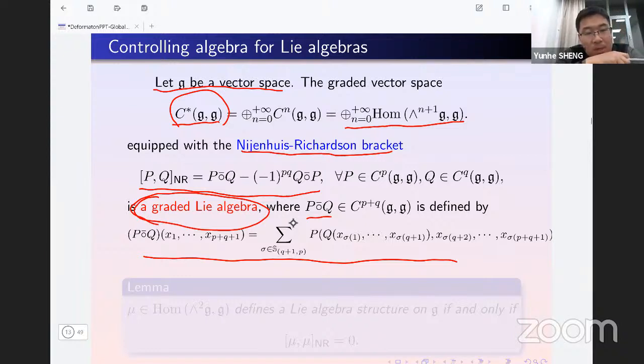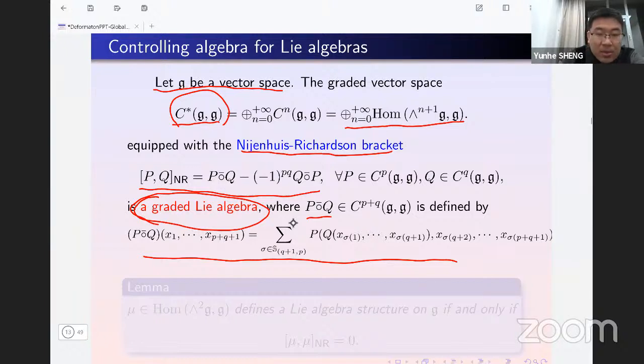There are several ways to understand this Nijenhuis-Richardson bracket. You can understand it as the commutator of coderivations, as the Schouten bracket of multivector fields, or as the Poisson bracket on the cotangent bundle T*g.